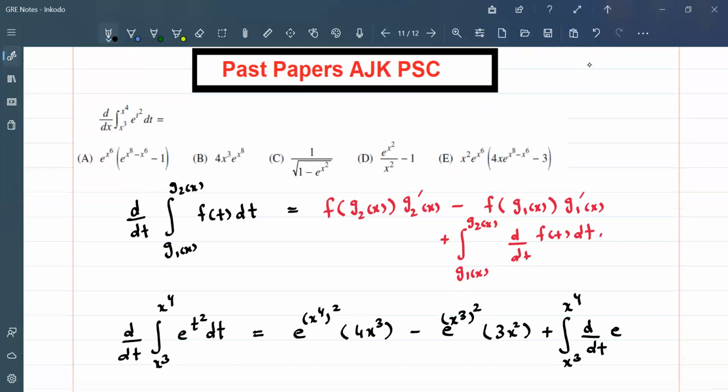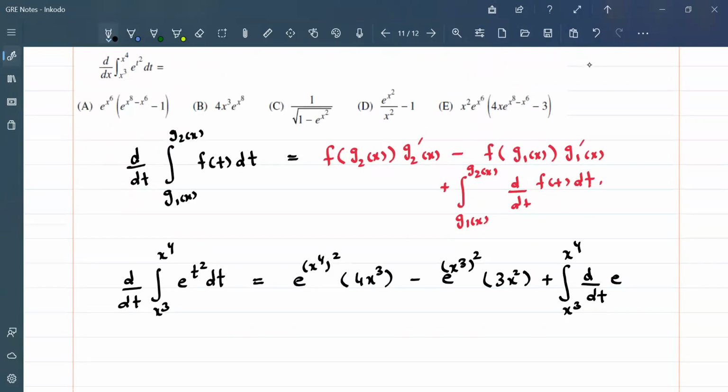Here you can see that the derivative is not with respect to t, we have the derivative with respect to x. So I apply here the derivative with respect to x, according to the question's condition. So we have d by dx of e raised to power t square dt.